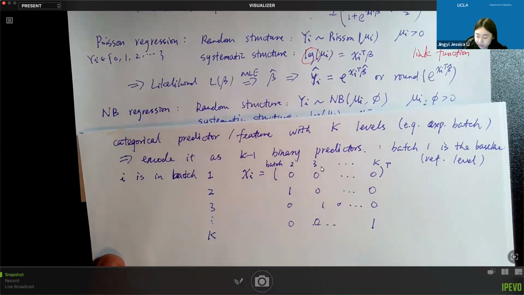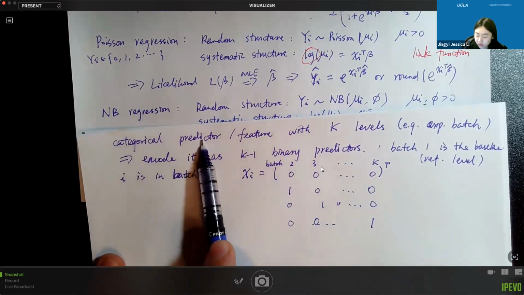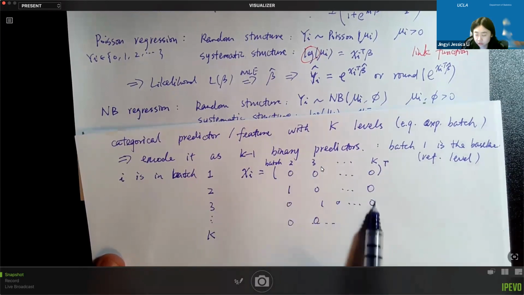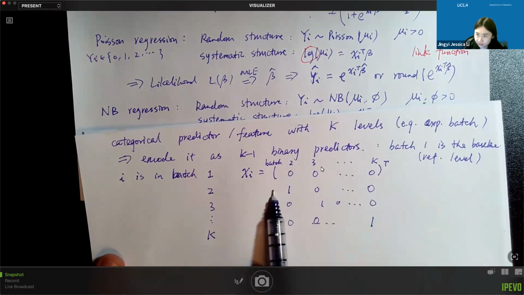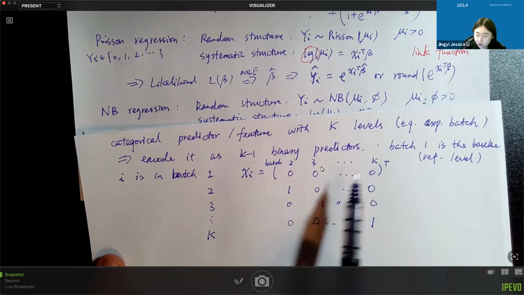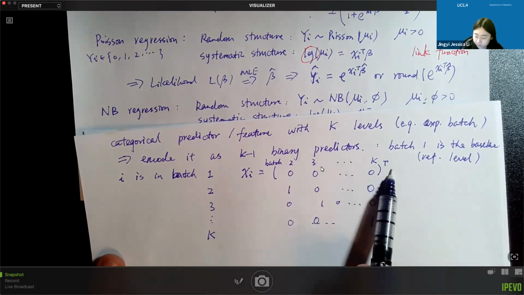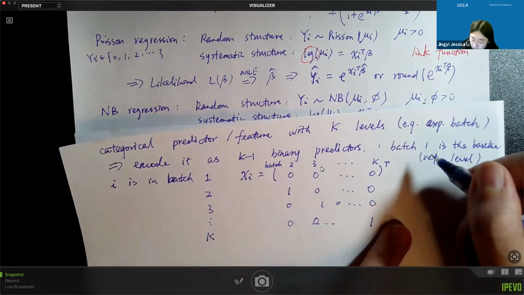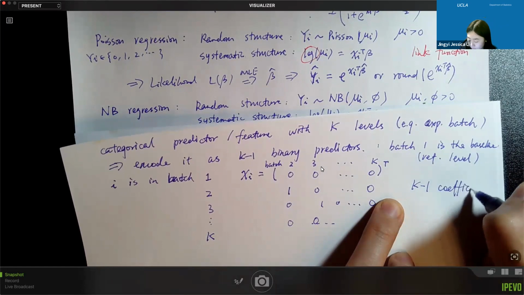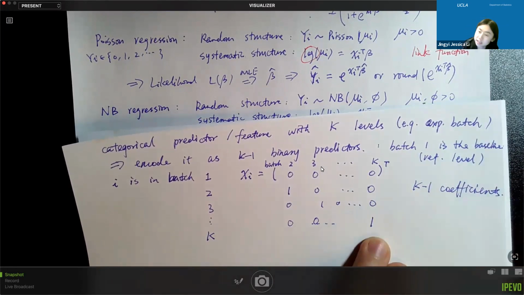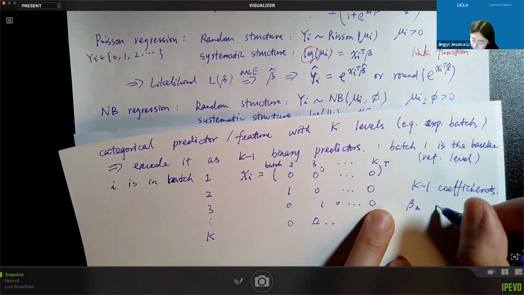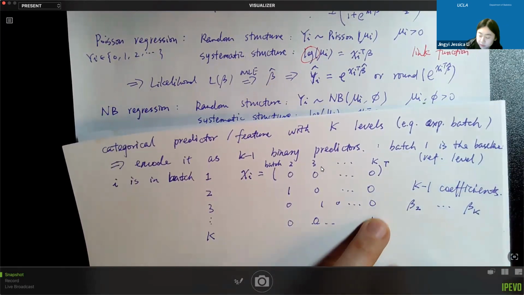Correspondingly, because we convert this predictor into k-1 numerical predictors, we would have k-1 coefficients, each associated with batch 2 to batch k. If I denote them as beta 2 to beta k, then what will be my model?